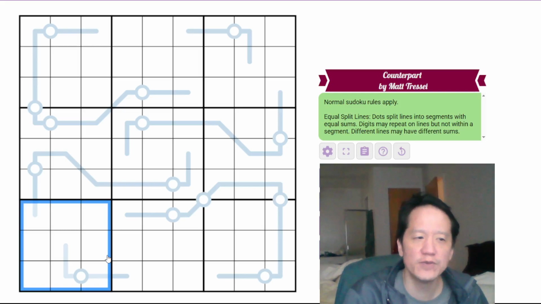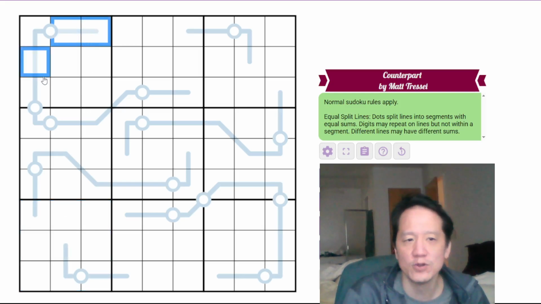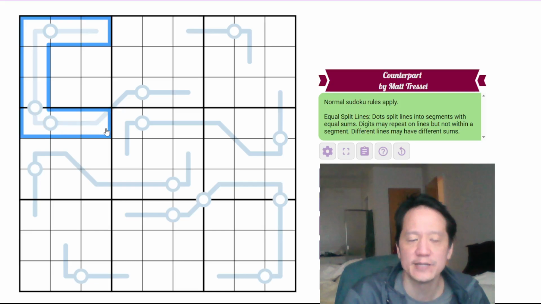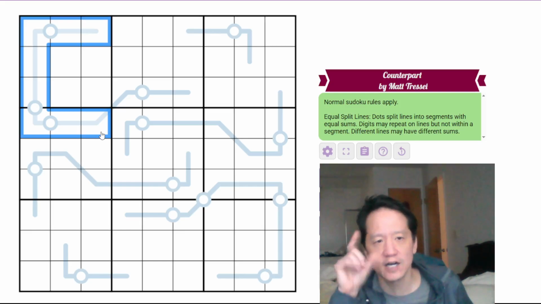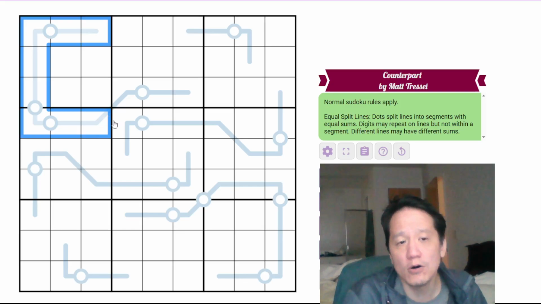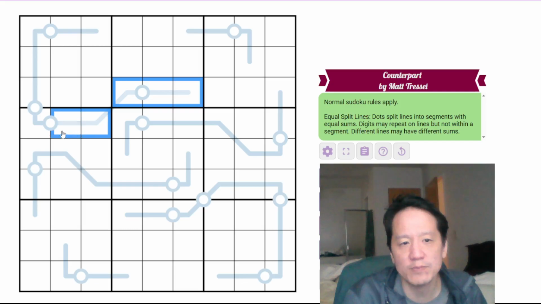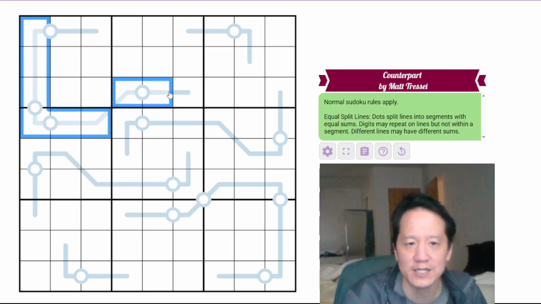If you're familiar with region sum lines, this is essentially similar, except that instead of the box borders breaking the line into segments, it's dots that break the line into segments. So all the segments on the same line must sum up to an equal sum, which is why they're called equal split lines.